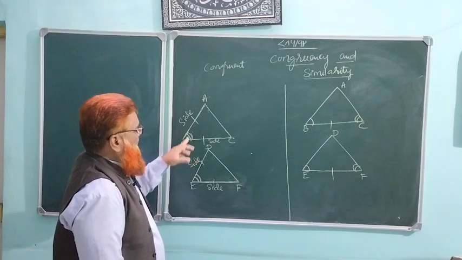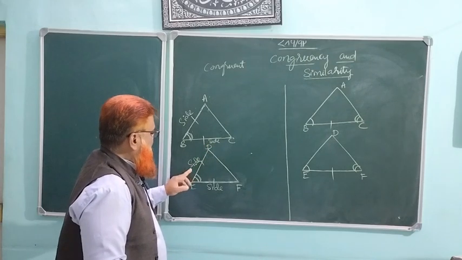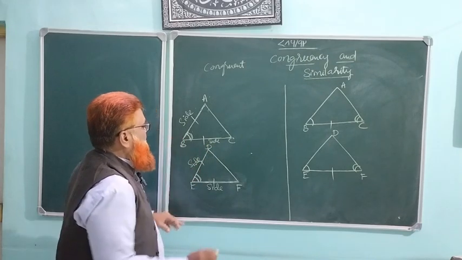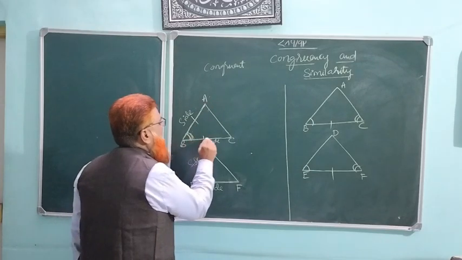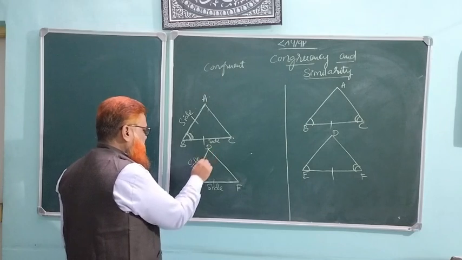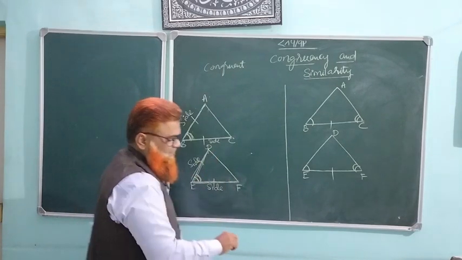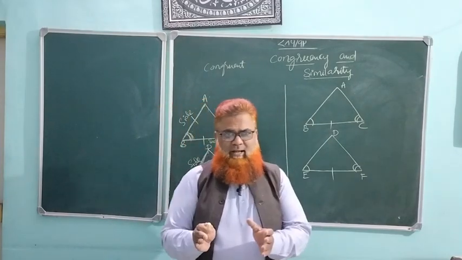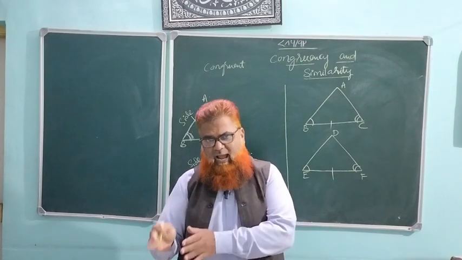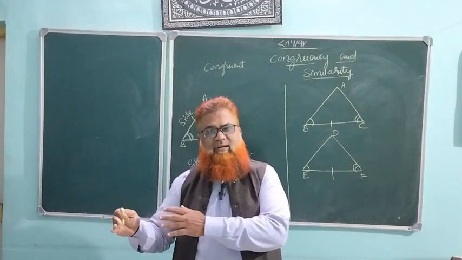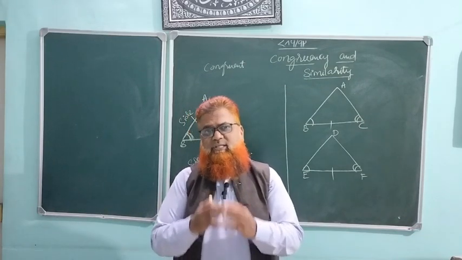Side, angle, side; side, angle, side. For triangle ABC, one side, the included angle and another side. For triangle DEF, one side, the included angle, another side. If the corresponding side, angle and side of two triangles are equal, we say that both the triangles are congruent to each other.